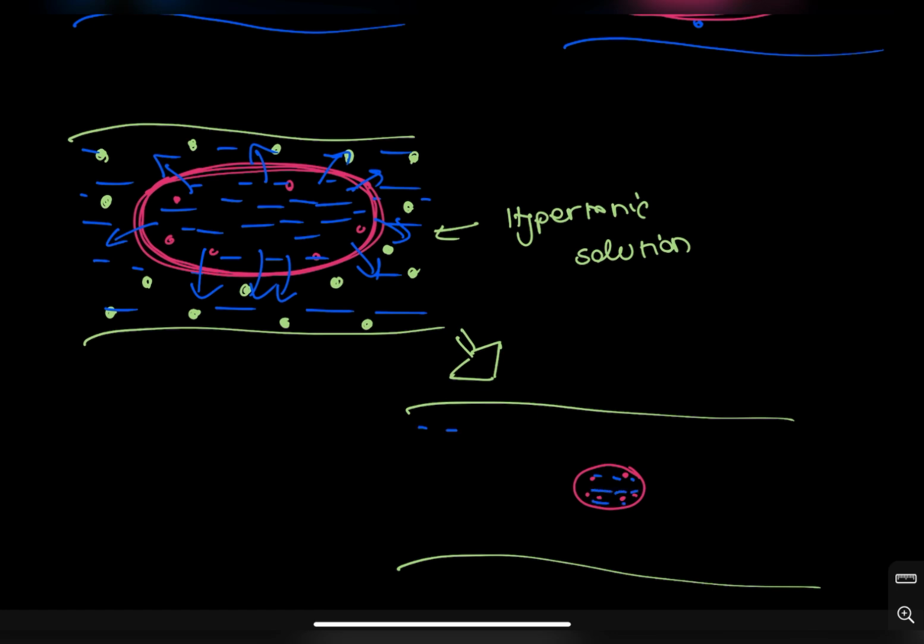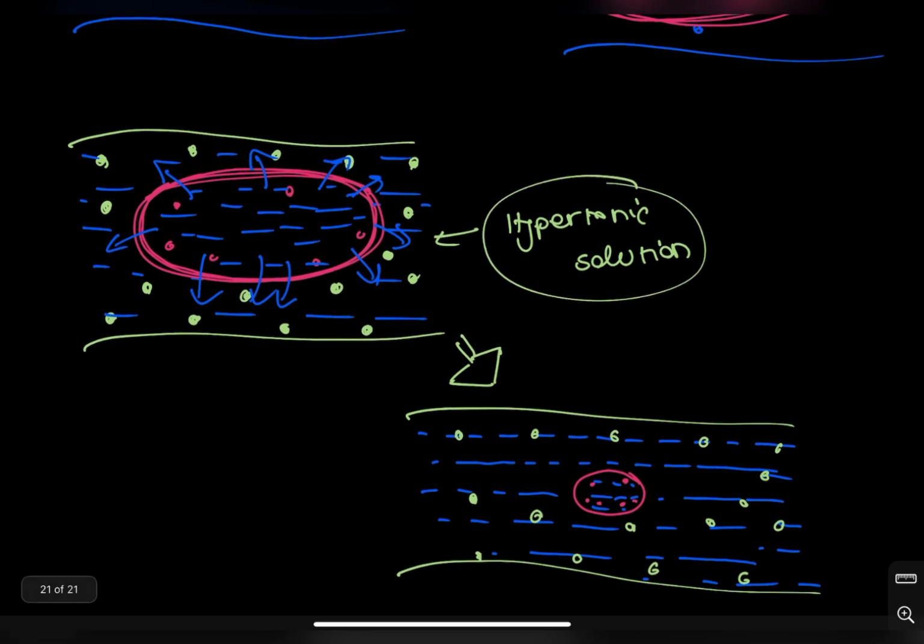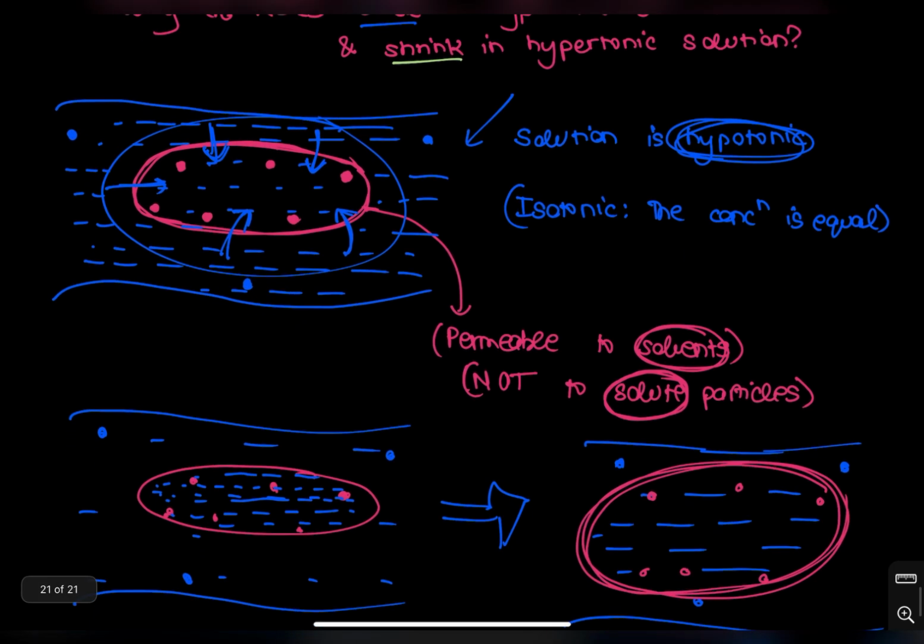And the solvent outside is in a massive quantity now, and the solute particles are in the same quantity again. So that is why RBCs start shrinking in hypertonic solutions. Hypertonic, they shrink. And in hypotonic, they swell. Okay, so that was the video. Thank you for watching.